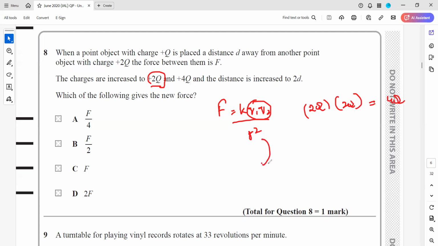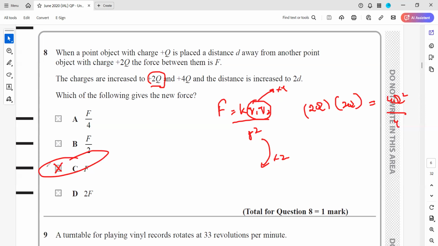And what happened to the distance? The distance is doubled. If the distance is doubled, what happened to the force? The force will decrease by 4 because it is an inverse square law. So due to the product of the charges it increased by 4, and due to the increase in the distance it decreases by 4. So what will happen to the new force? The new force will be the same.